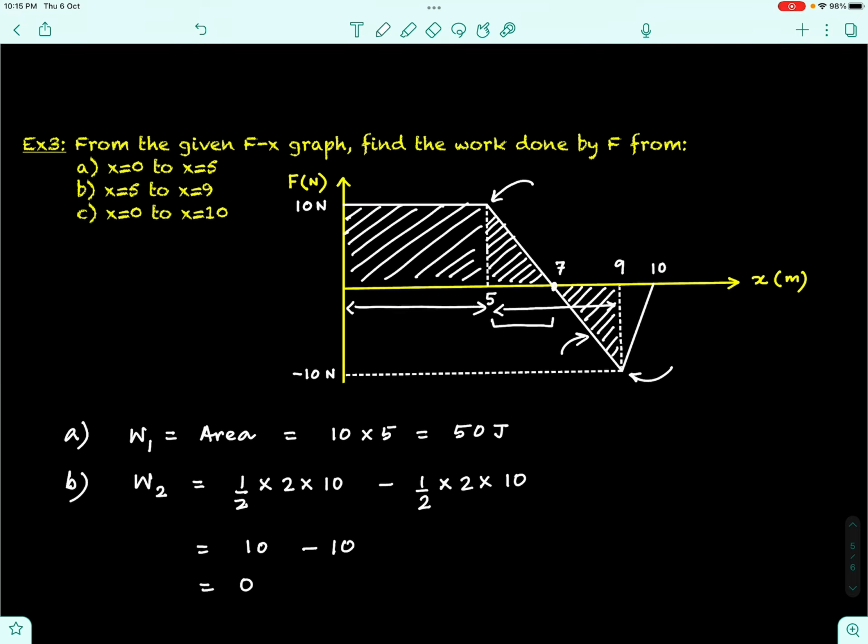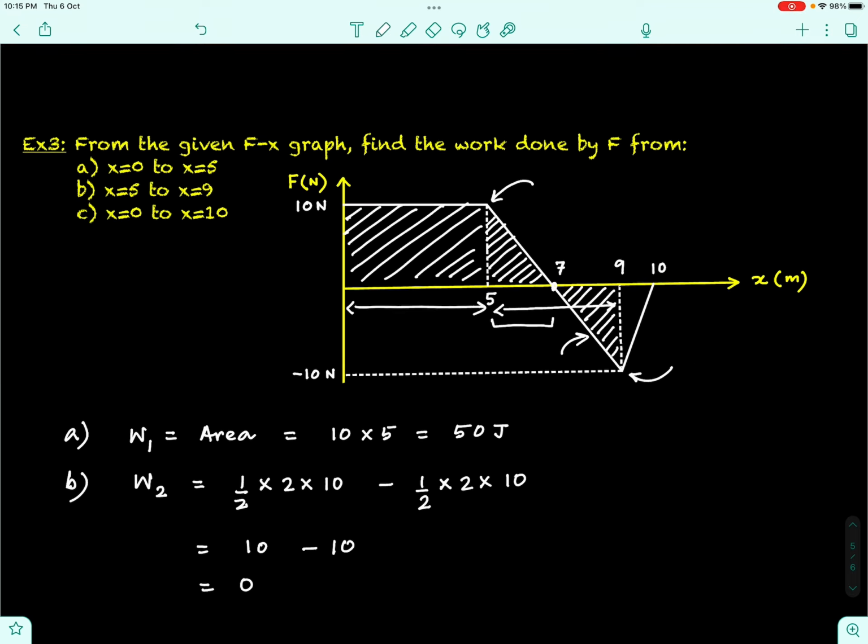The third part, where we are supposed to find the total work done from x equals 0 to 10. See that the only extra remaining area now is from x equals 9 to x equals 10, which corresponds to this area of the smaller triangle, and the area would be negative as we have the area below the displacement line.